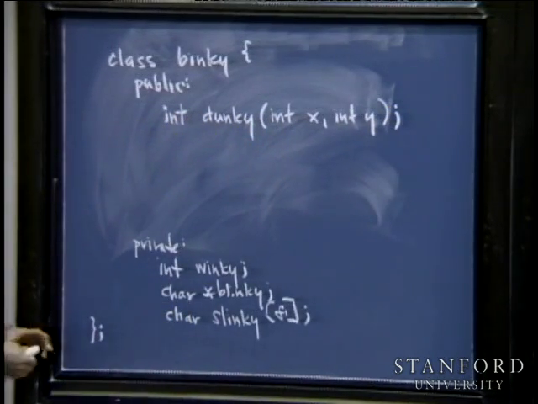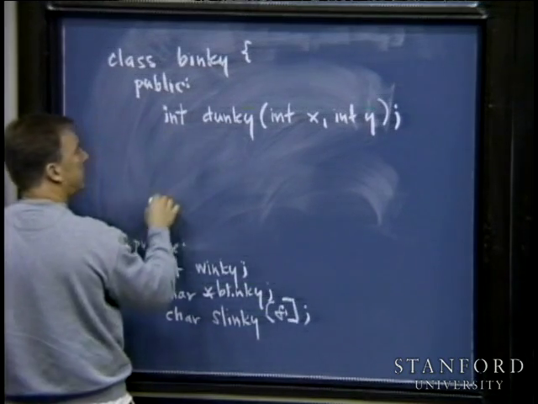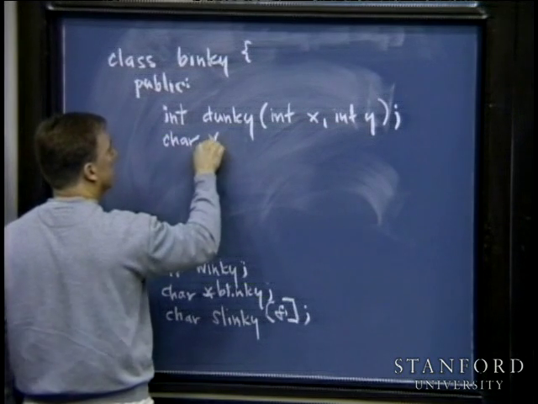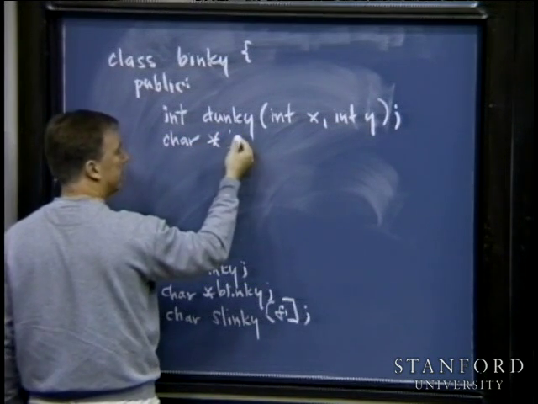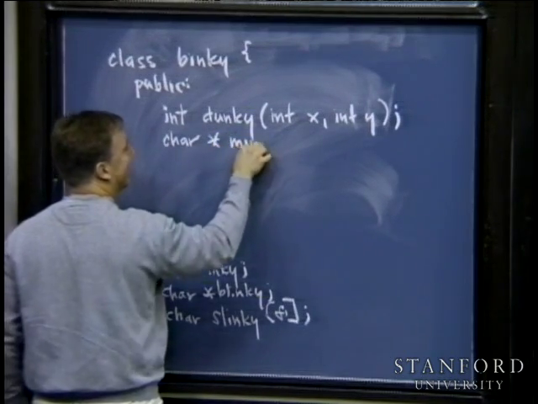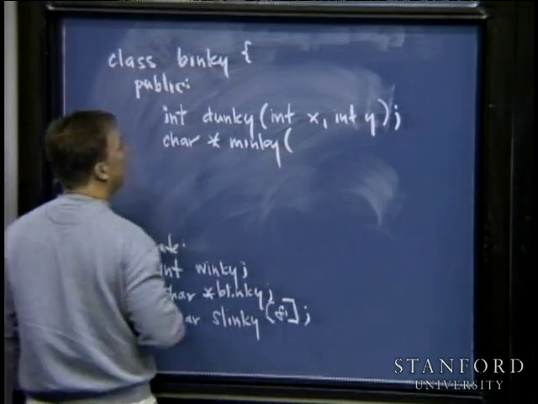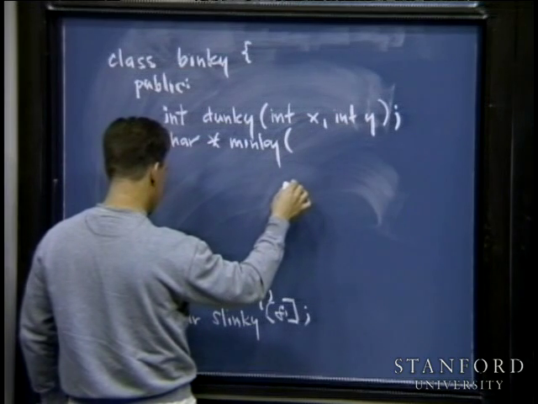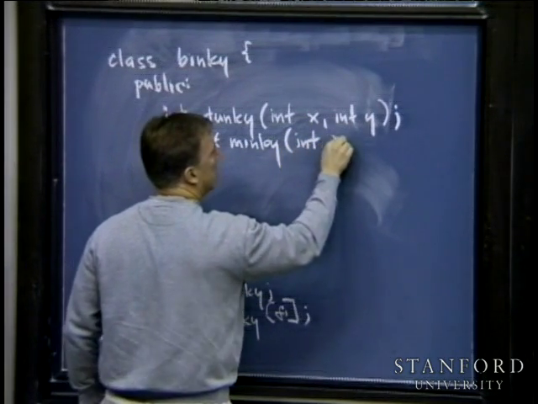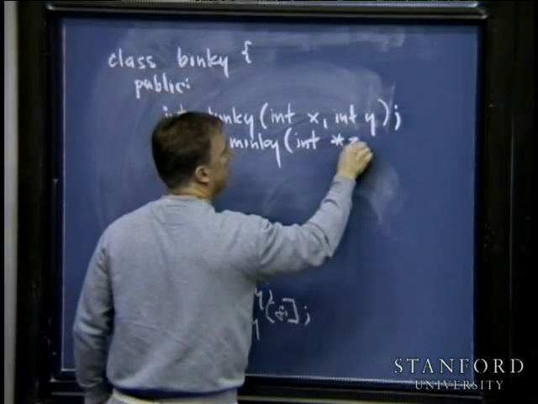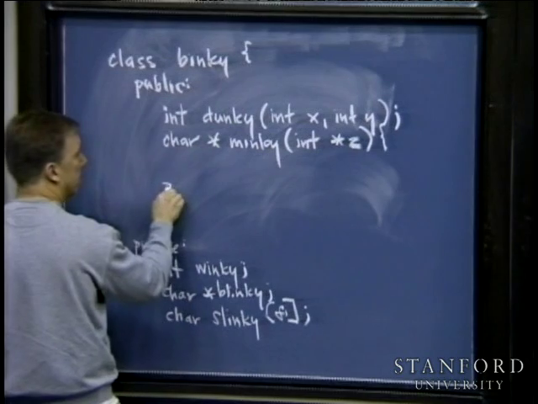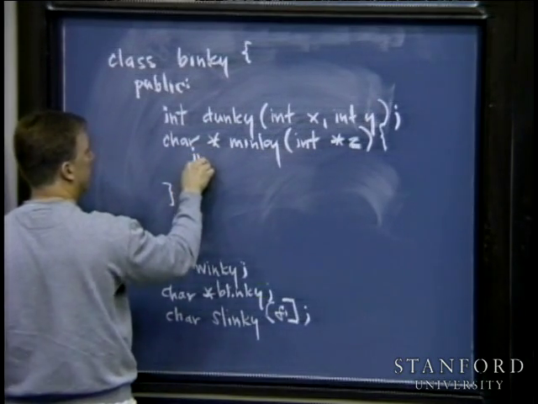And let me declare another method, char star, I'm running out of consonants, Minky. All I want to do is pass in an int star called z, and I will inline the implementation of this.